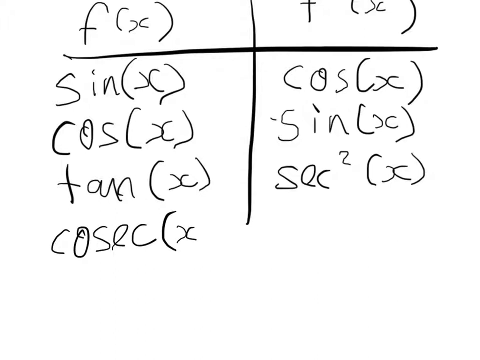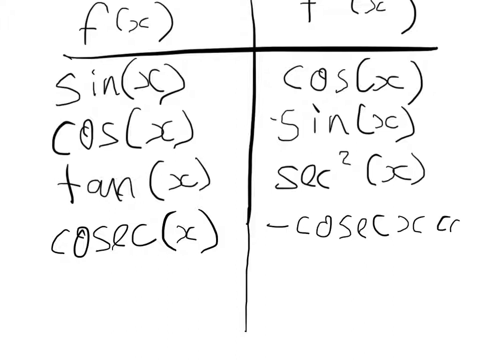Cosec of x becomes negative cosec of x cotan of x.